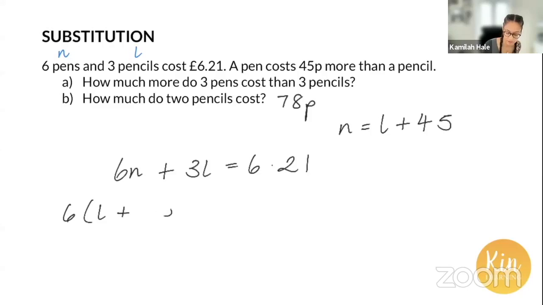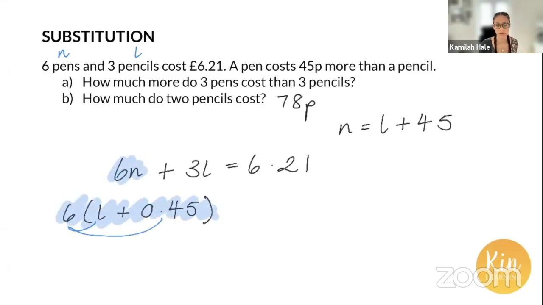Actually, I'm going to write that in decimal form, just so I'm consistent. Okay, so 6 times brackets L plus 45 pence. We'll multiply out those brackets in a second. And then these two are the same thing.